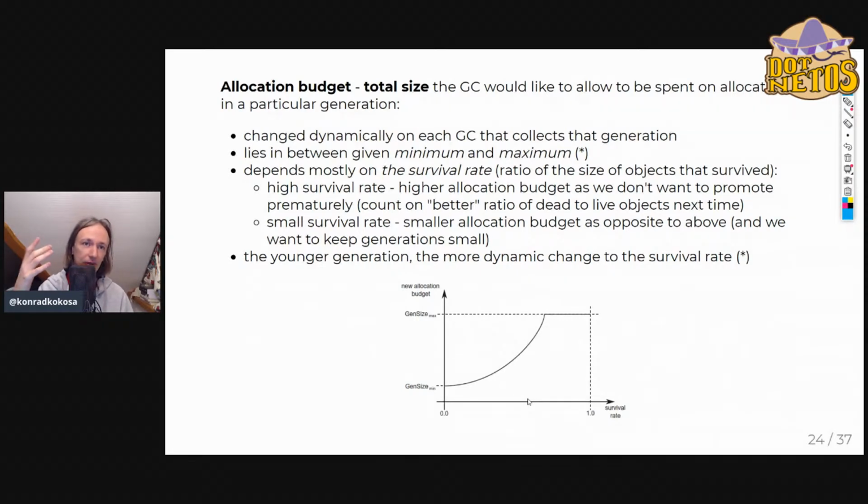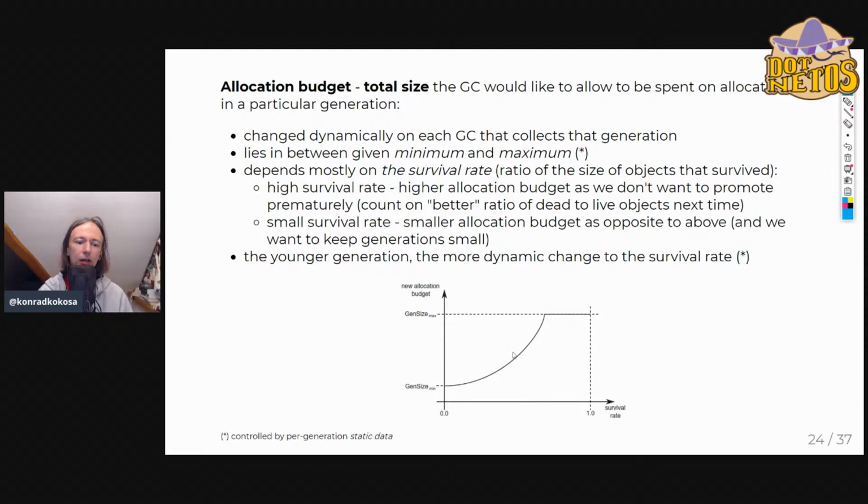So the generation size will be slowly, but simply, following and aligning to the allocation budget that is decided by the survival rate. So the answer to, for example, what is the maximum size of generation 1 or 2 is not so easy, because it is super dynamic, as you see here. It is based on this survival rate, which is then driving the allocation budget.